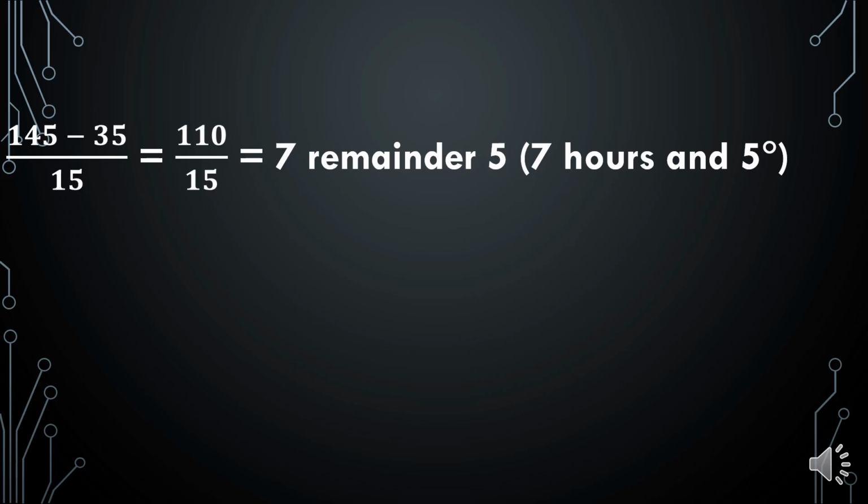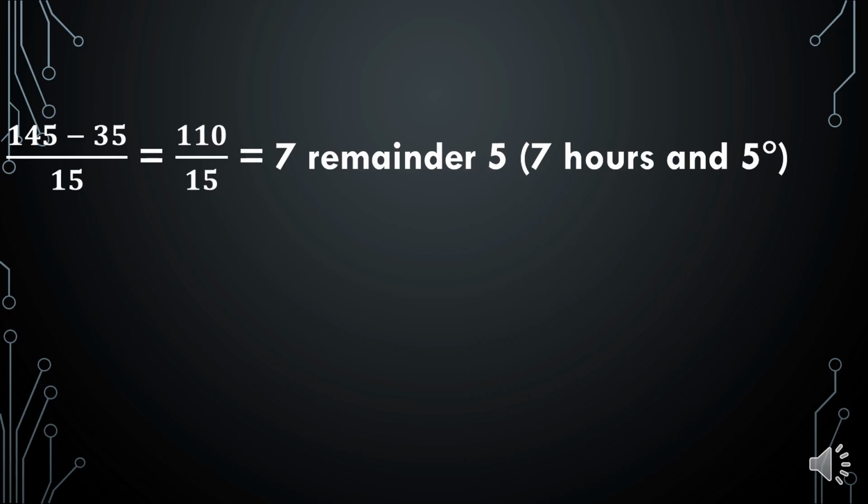We are left with 110 degrees over 15 degrees. And we divide that 110 by 15 degrees because 15 degrees is equal to 1 hour. Therefore, our answer will be 7 and remainder 5, which is translated to mean 7 hours and 5 degrees.